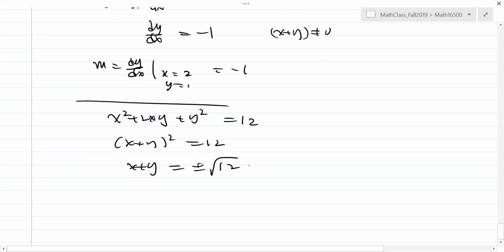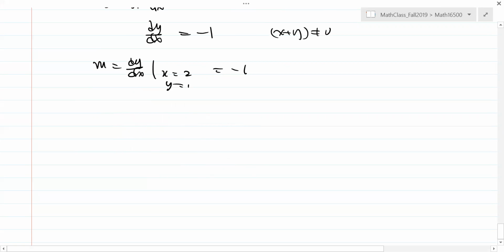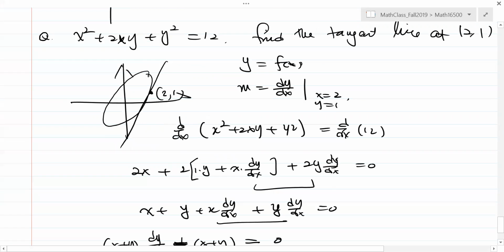So 4x. Otherwise, it's not going to be constant. So this is not even a point on the graph, (2, 1). Let me change the problem a little bit.